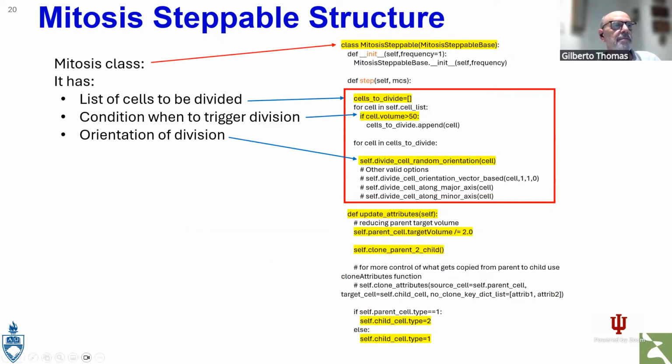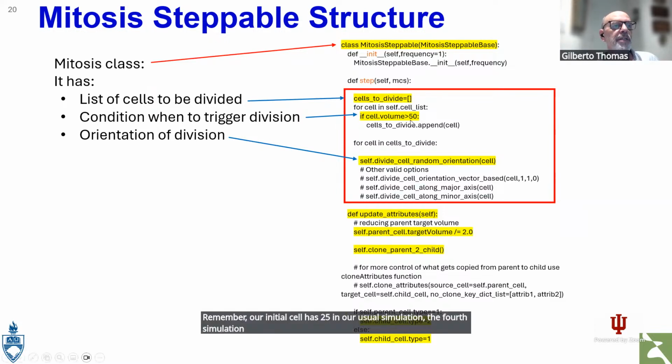It has this name. And in the first block here, you have a list. It comes with an empty list that is called cells to divide. Then this is a condition to trigger the division. If cell volume reaches 50, remember our initial cell has 25 in our default simulation.